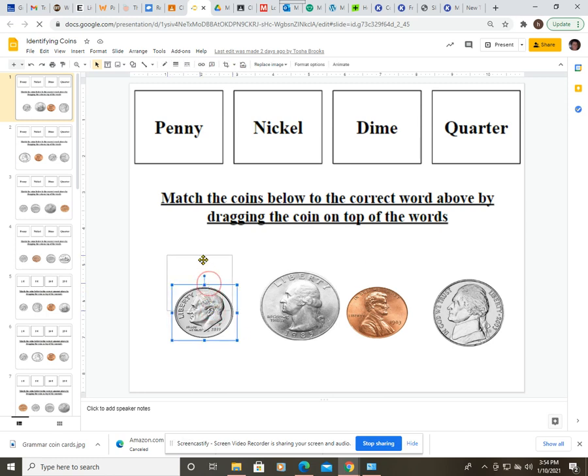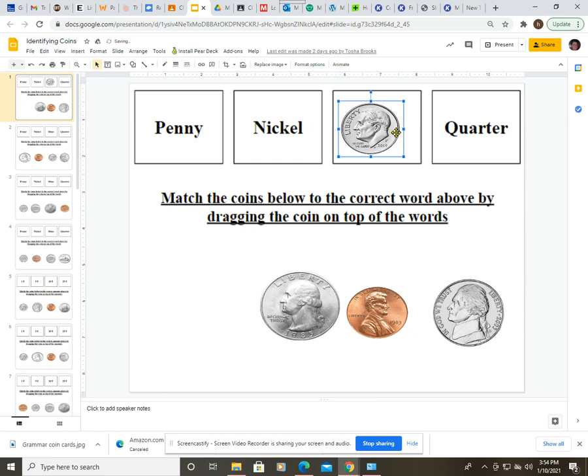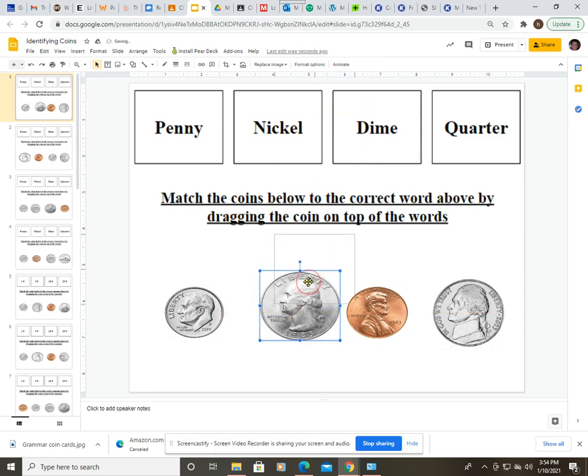So you'll click on your coin. Is that a penny? Is that a nickel? Is that a dime? Yes. So you'll drop it there just like that. And you'll do that with all of your money.